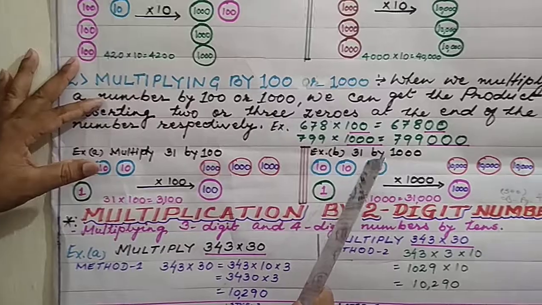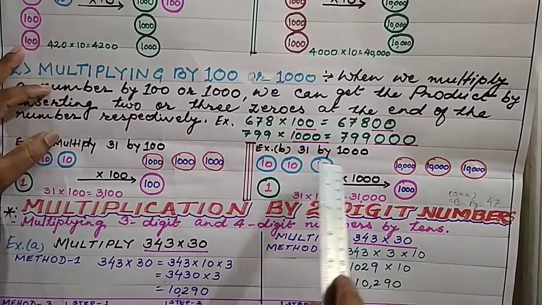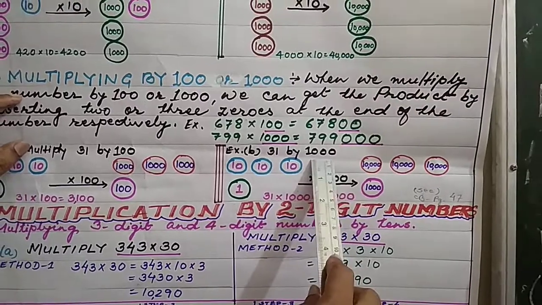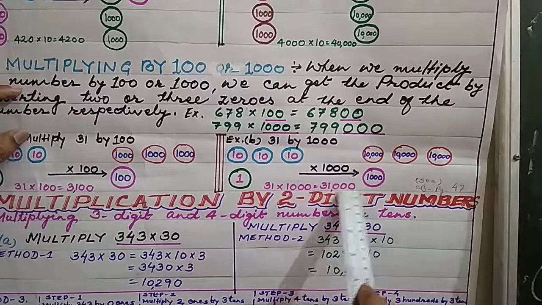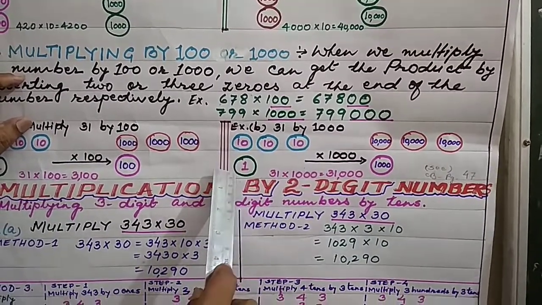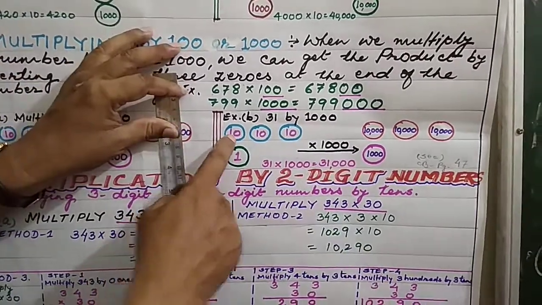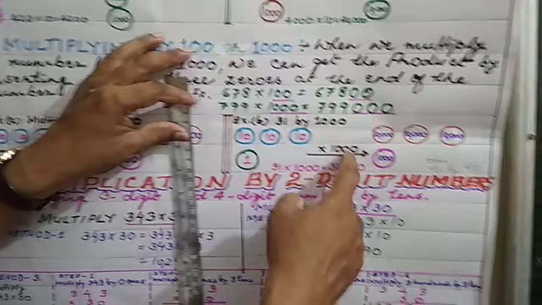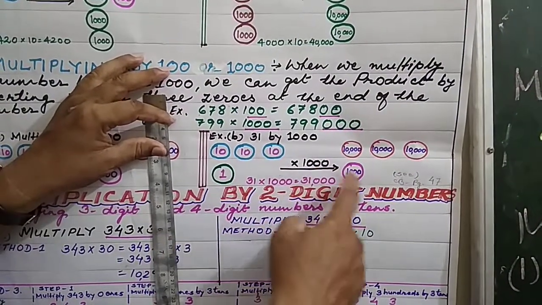Similarly, here 31 by 1000. See what is important here. Here we are multiplying by 1000. 1000 has 3 zeros. So in the product also 3 zeros will be there. So 10, 10, 10, and here 1 make 31. When multiplied by 1000, 10 into 1000 is 10,000, three times, and 1 into 1000 is 1000.